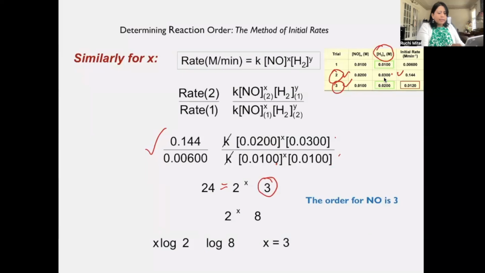We are trying to solve for this x value, right? So 24 divided by 2 is equal to 8. So 2 raised to x is 8. And we could write this same thing as 2 raised to 3. And as a result, we are saying that this is an order of 3 with respect to NO.